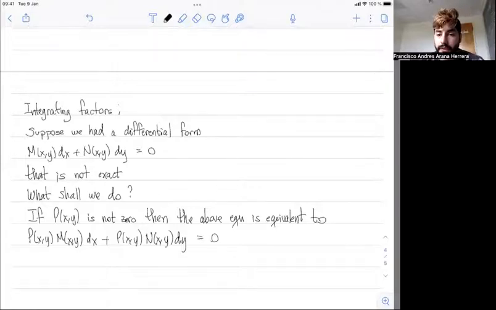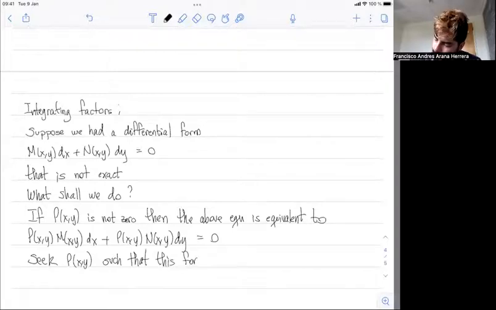So what we should do then is seek rho of x,y such that this form is exact, i.e., such that it satisfies Euler's exactness criterion.